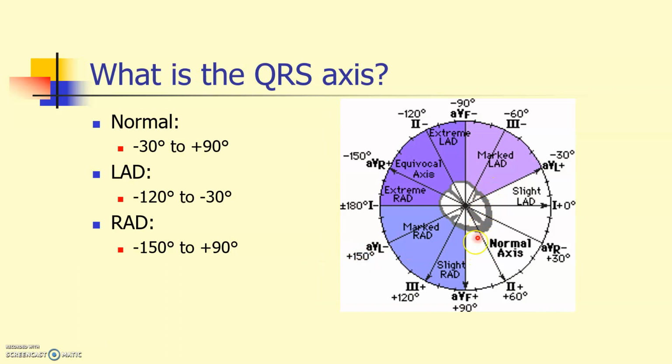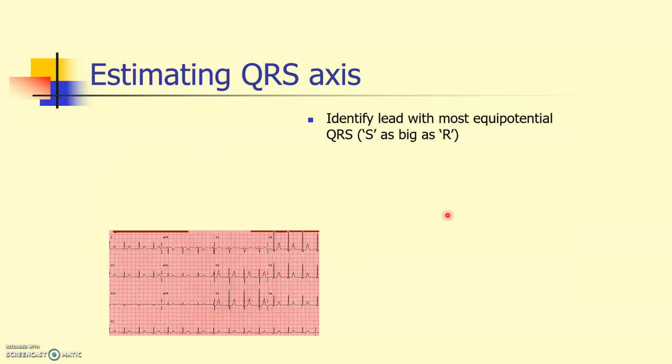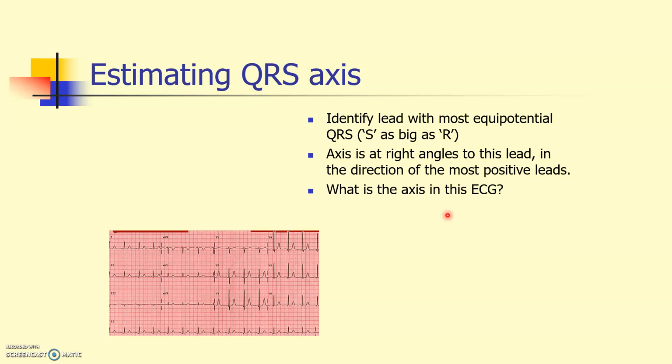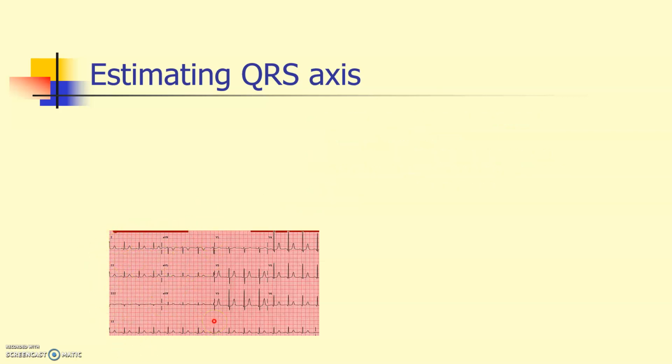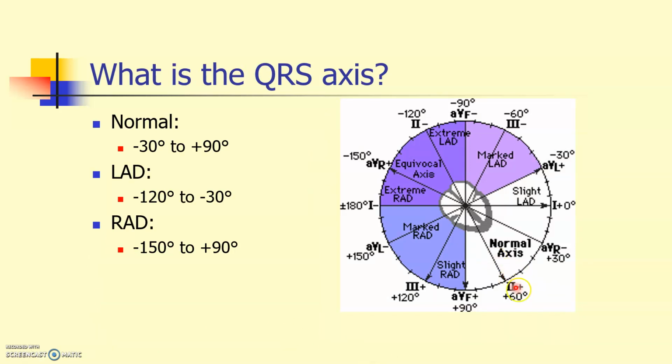The axis at right angles to lead 3 is either AVR, or the closest next one that we look at is lead 2 or 1. And the one that is most positive represents the direction. And as you can see, leads 1 and 2 here are positive, but AVR is negative. So this is a normal axis because it lies somewhere between lead 2 and lead 1.